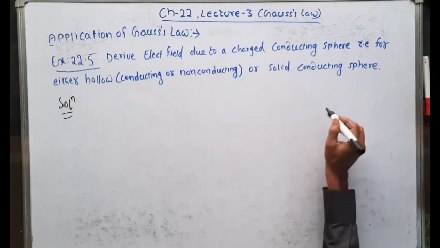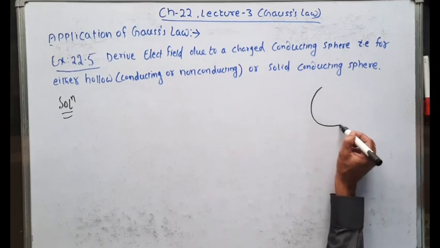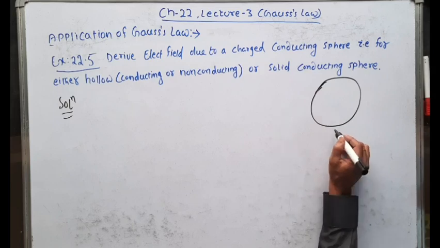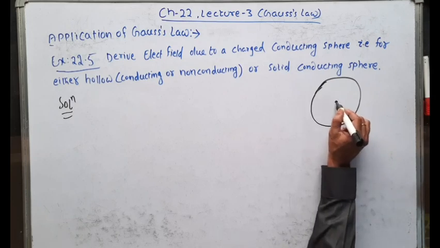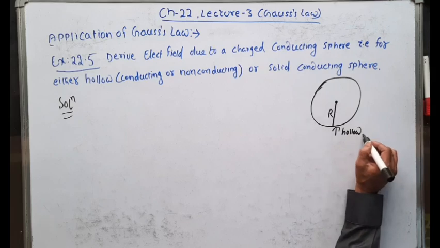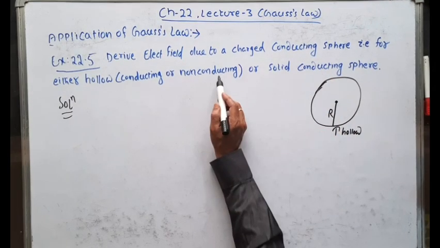Now see, suppose this is a sphere. This sphere may be a hollow sphere whose radius is r. It may be a hollow conducting sphere or a non-conducting sphere.